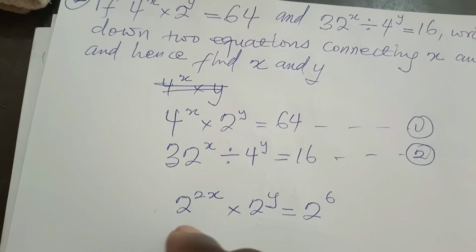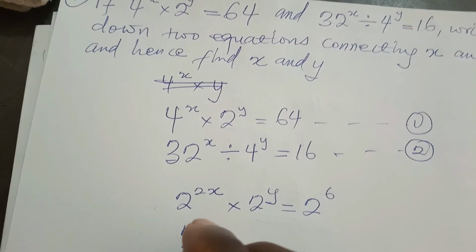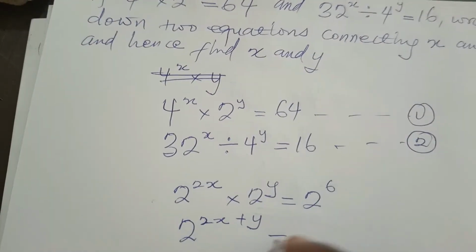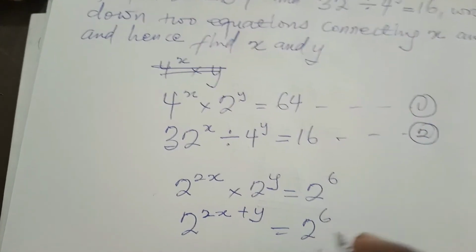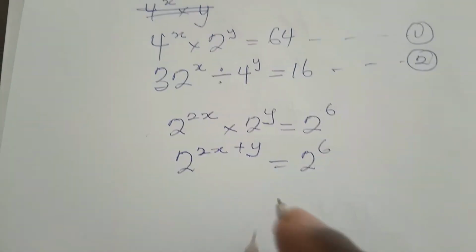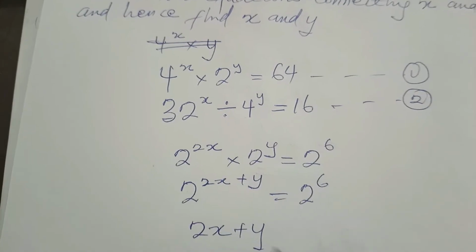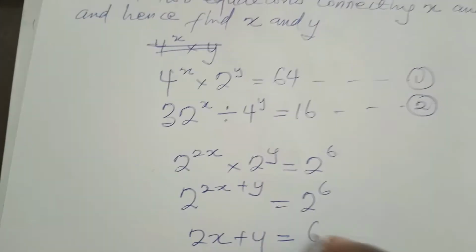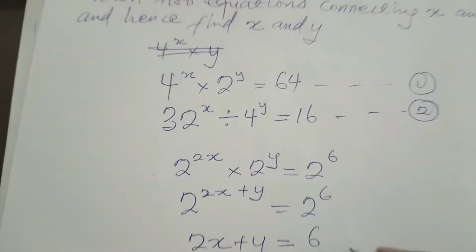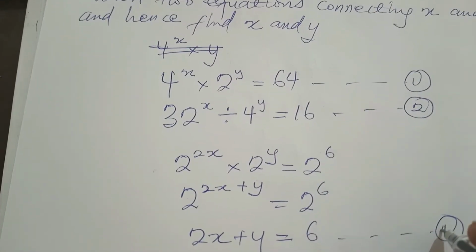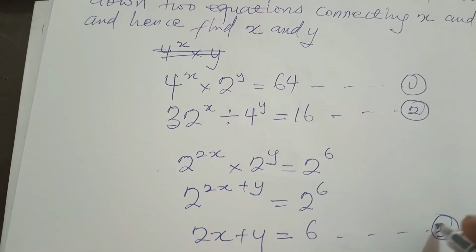We work it further. 2 exponent 2x plus y, because of the multiplication, will give us 2 exponent 6. Bases are the same, so we equate exponents: 2x plus y will be equal to 6. Equation 1 and 2 are already there, so this will be equation 3.